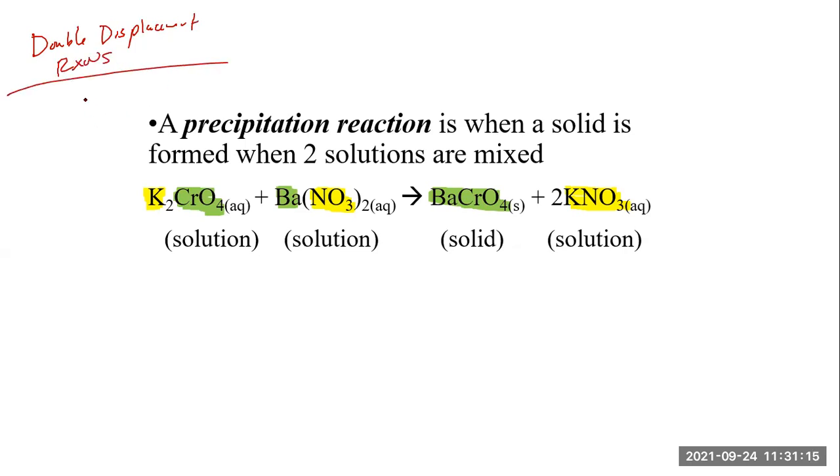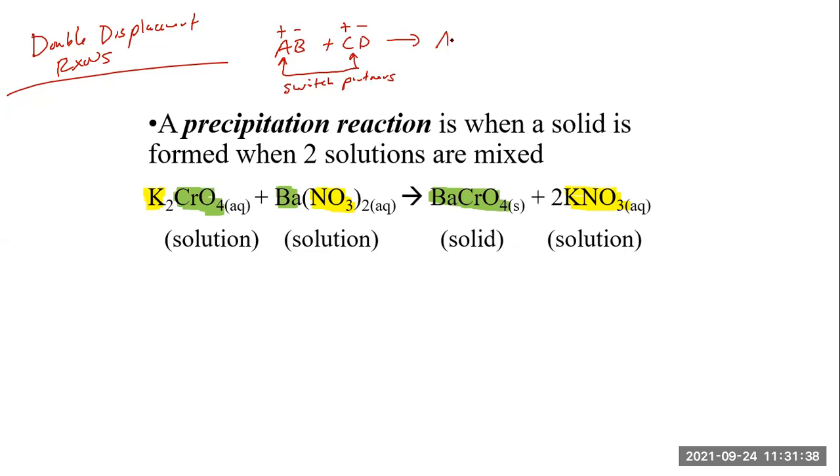Double displacement reactions have a general formula of AB plus CD. And these are positive, negative guys, positive, negative guys, two ionic compounds basically. And what happens is the two positive guys switch partners.